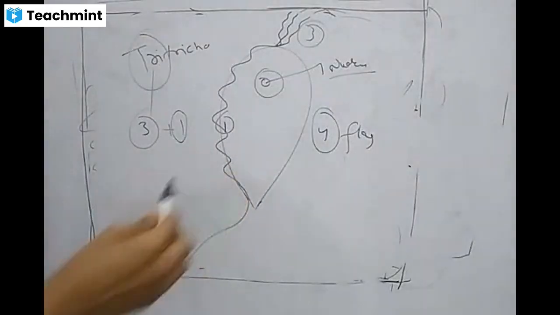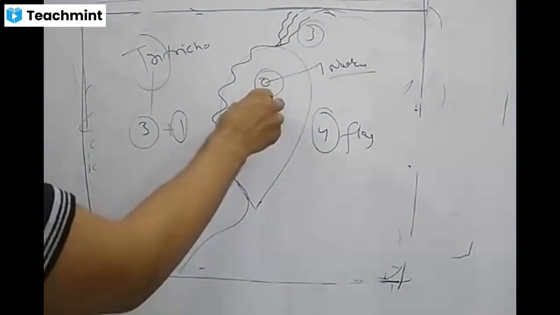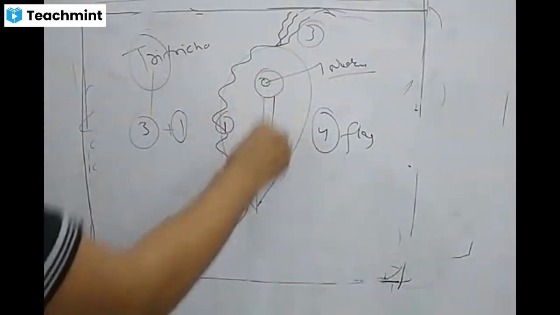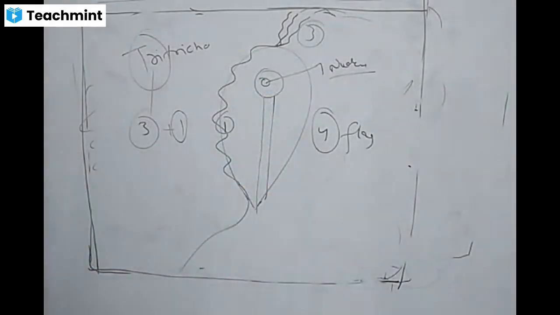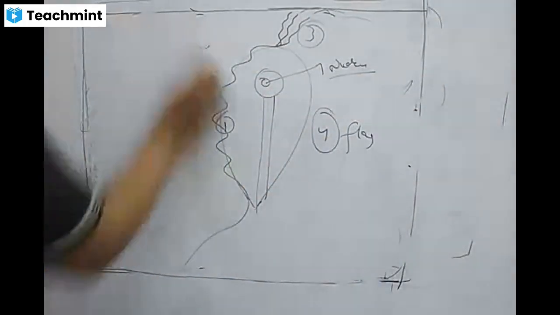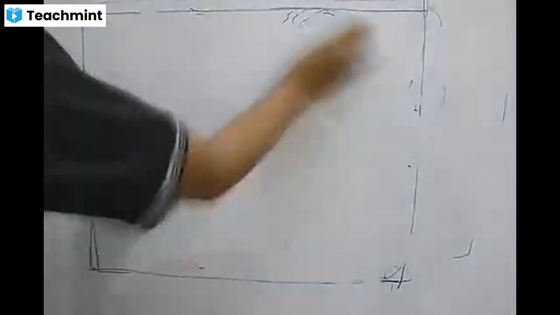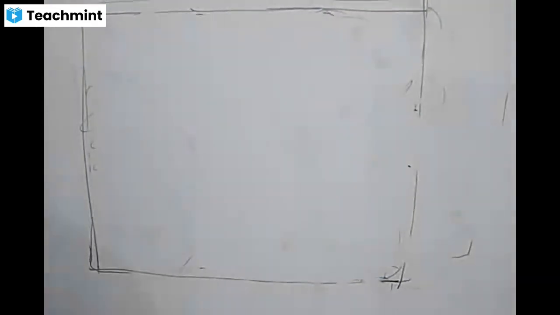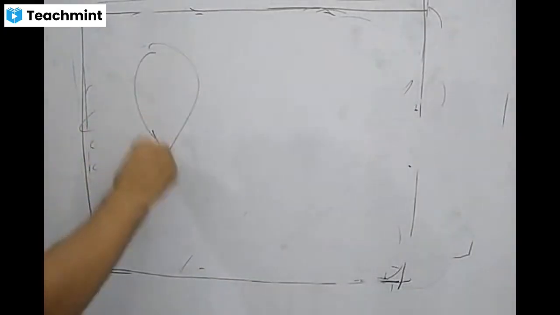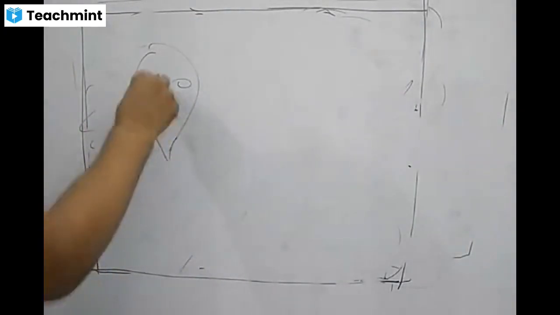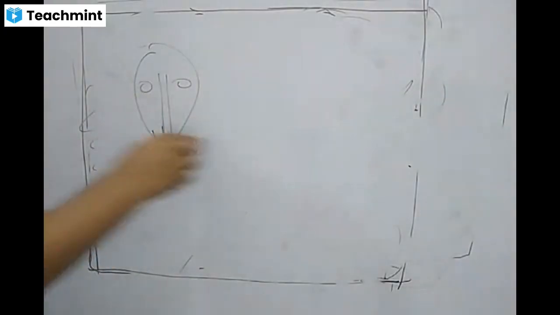And one more MCQ that may be your future MCQ is about the exostyle. In case of Giardia, the exostyle is present. If we compare these, in Giardia there are two nuclei and this was the exostyle.